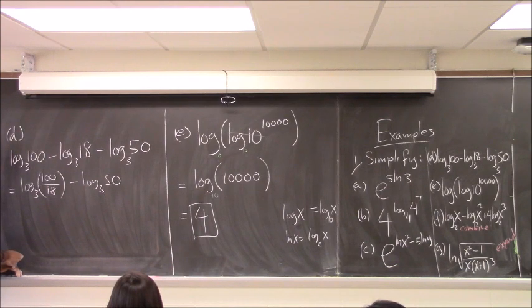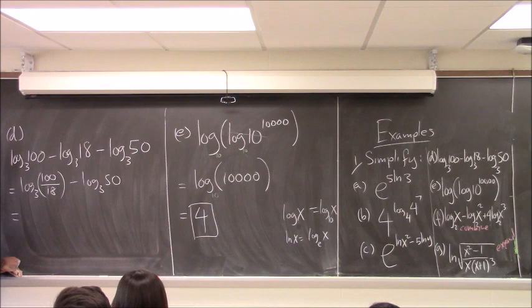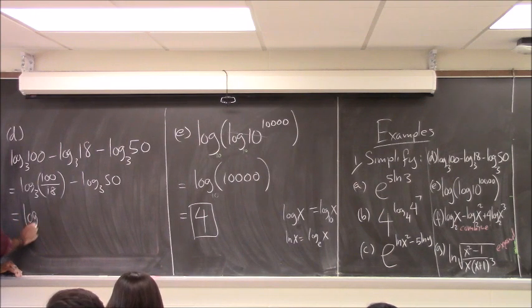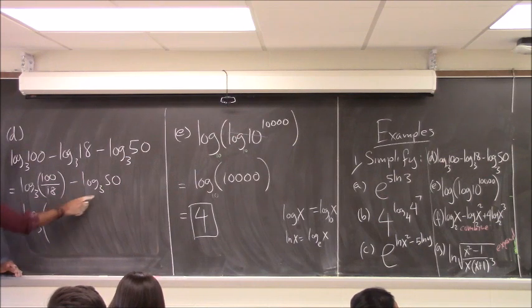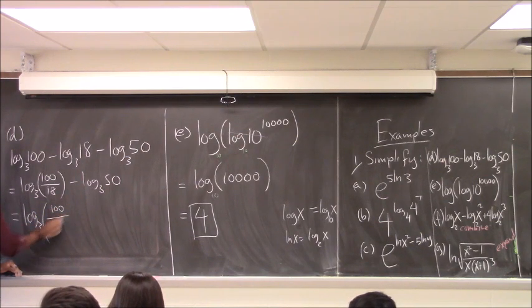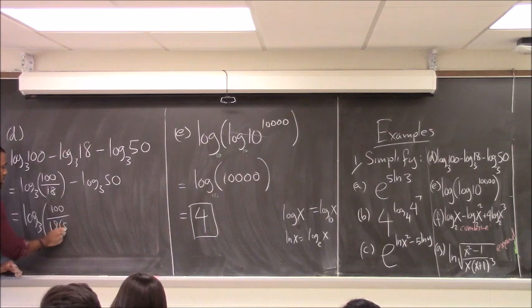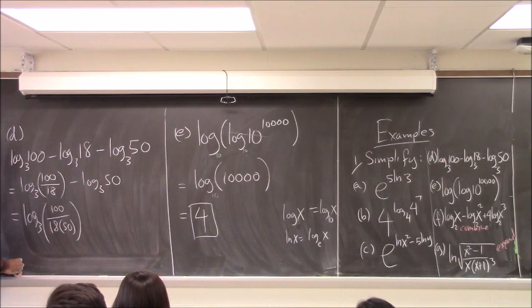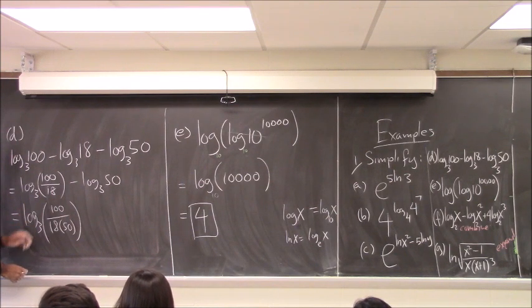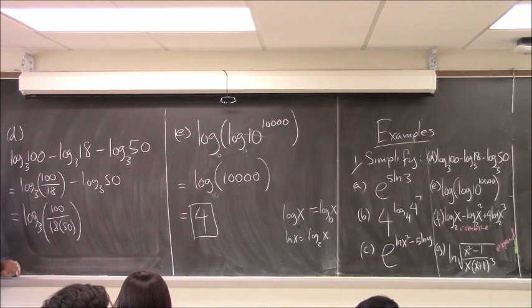Tell me what you think, and I'll tell you what you think. Oh, wait. Yeah, divide it again. Because that's just log of one number minus log of another number, and they have the same base, so I can divide again. Now, of course, if I divide by 50, it will be down here, right? Yes, 100 divided by 18 divided by 50. It's that.